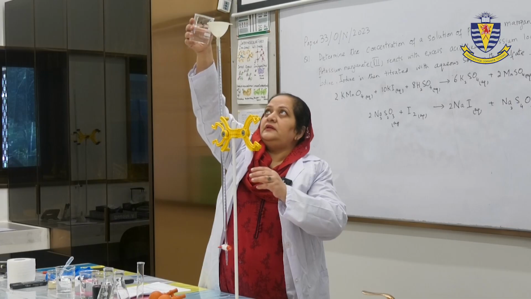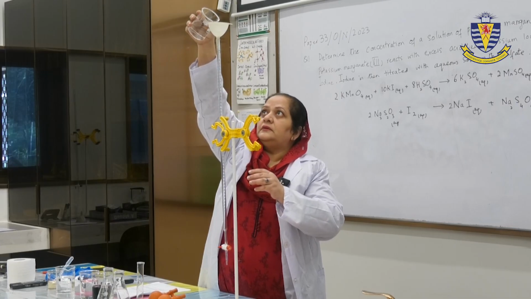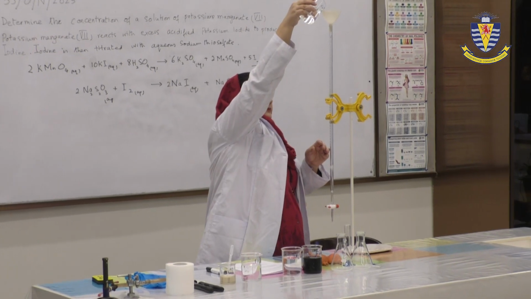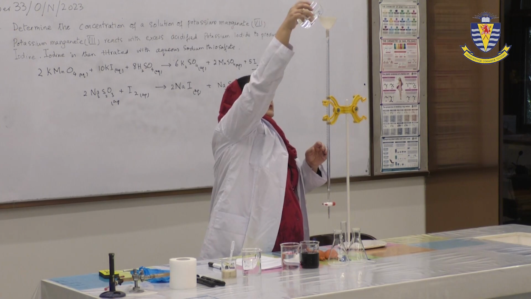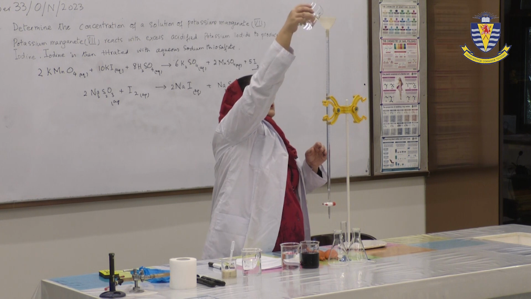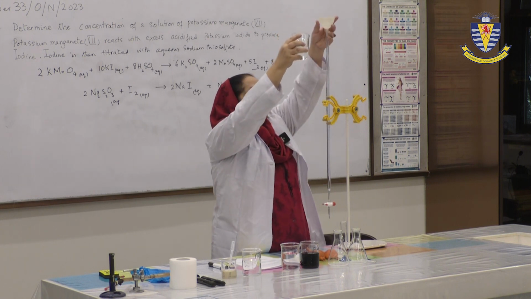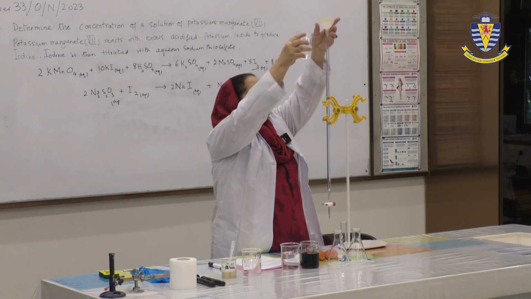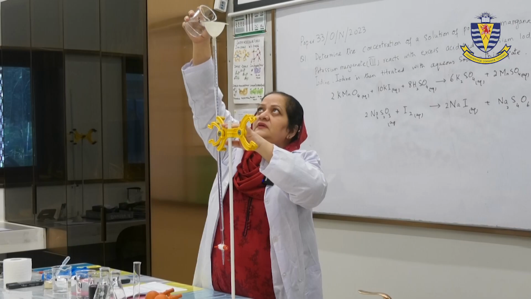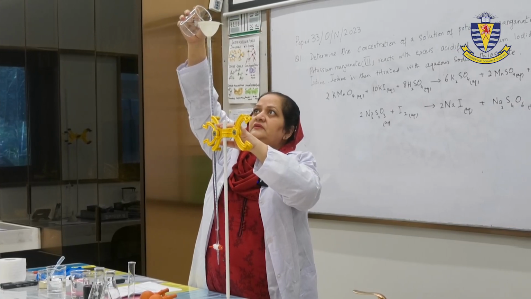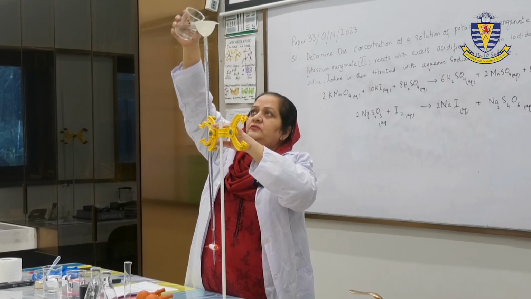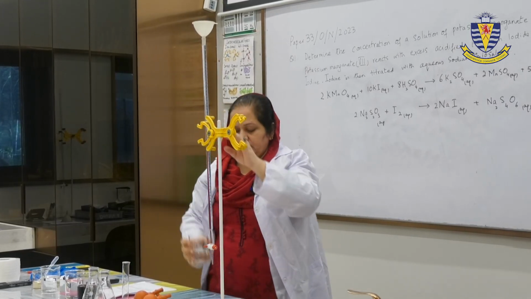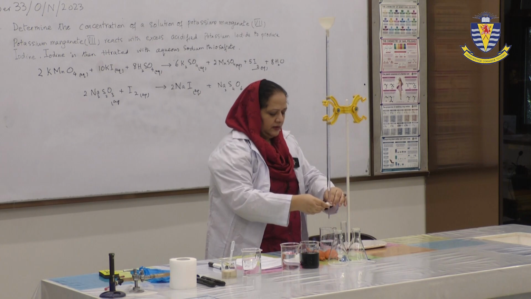This is added in the burette. We will fill the burette carefully. It's not necessary that you fill the burette up to 0. This should be at your own eye level.